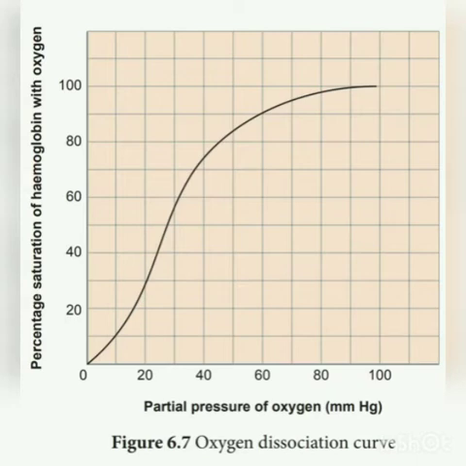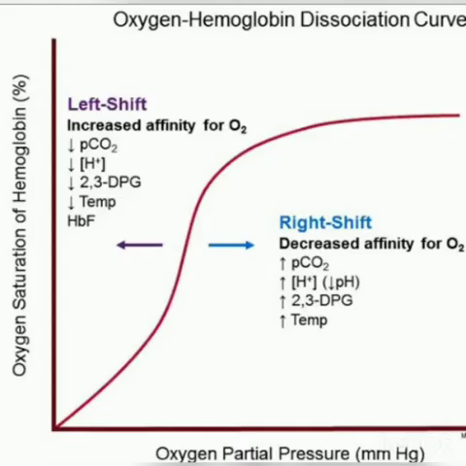This S-shaped curve has a steep slope for partial pressure of oxygen values between 10 and 50 mmHg and then flattens between 70 and 100 mmHg. Under normal physiological conditions, every 100 ml of oxygenated blood can deliver about 5 ml of oxygen into the tissues. So that's all about the transport of oxygen.